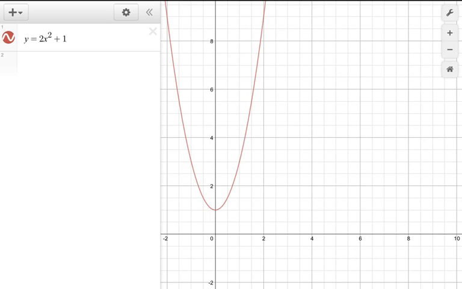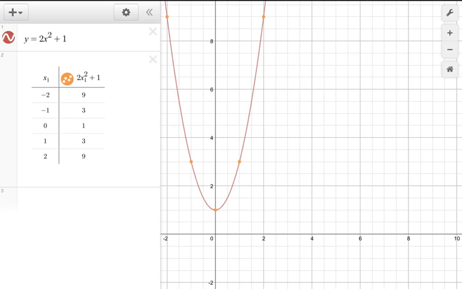So here's a graph of y equals 2x squared plus 1. And I can make a table of values for this. So I've got a couple coordinate points on my curve now, and I've got a table on the left side there. And I know that the inverse function is going to have the x and y, the input and the output, switched.